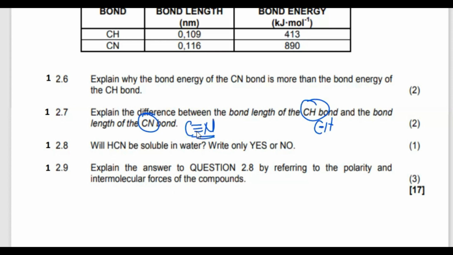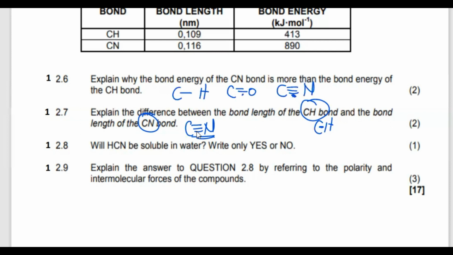Don't forget, we say that the more bonds you have, the shorter it's going to be. The fewer bonds you have between atoms, the longer it's going to be. It means that a single bond is longer than a double bond, which is longer than a triple bond.